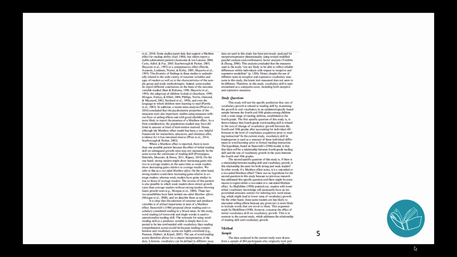In the methods section, you're also going to see a description of the procedures that were used in the research. And this should be in enough detail that you would be able to replicate those procedures, because that's what we want over time. We want other researchers to be able to replicate the study and see if they come to the same conclusions. You'll also see in the methods the assessments that were used.